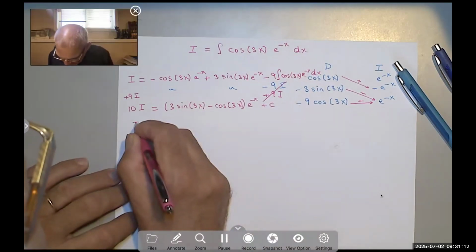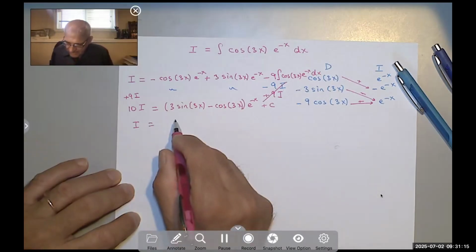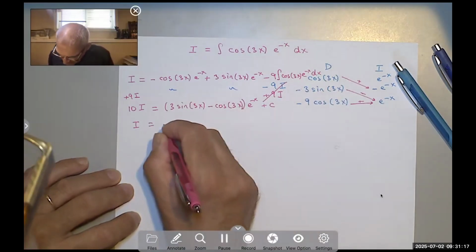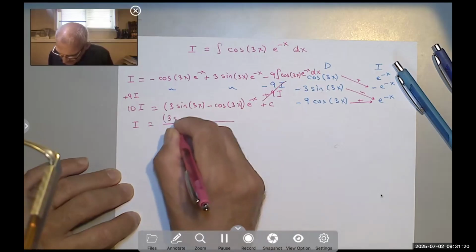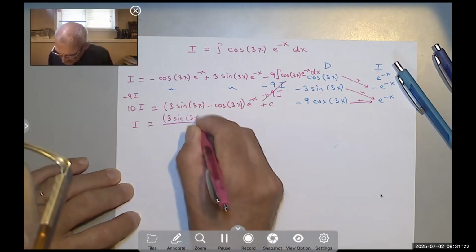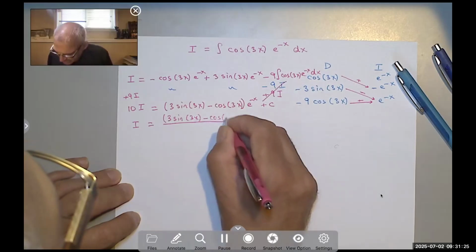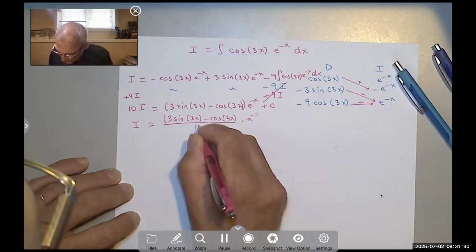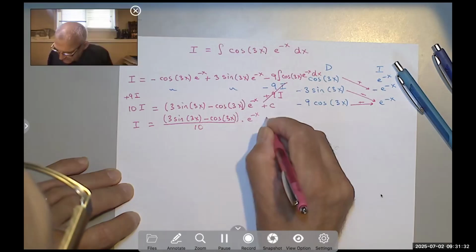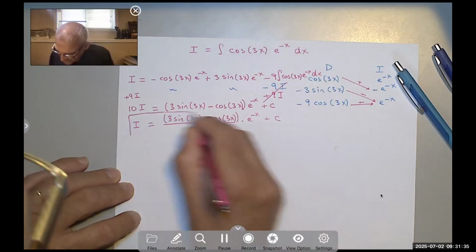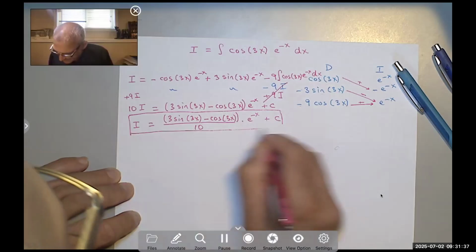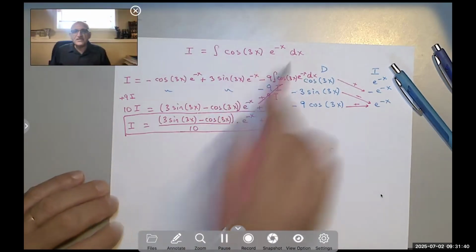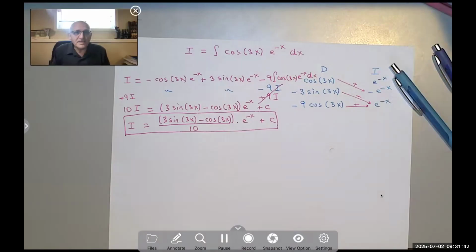So my integral I is, you can divide each term by 10, or you can simply say (3 sine 3x minus cosine 3x) times e to the negative x over 10 plus a constant. And you see this trick happens when none of these two functions will eventually disappear by differentiation, but they are easily integrated or differentiated.